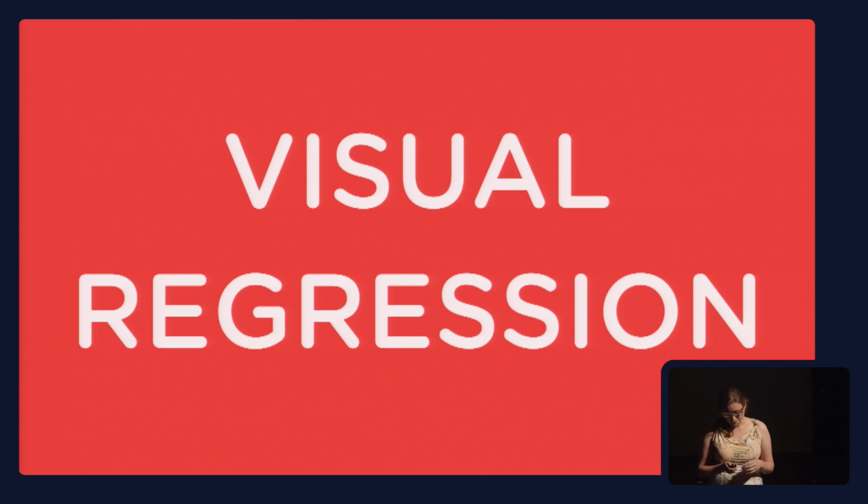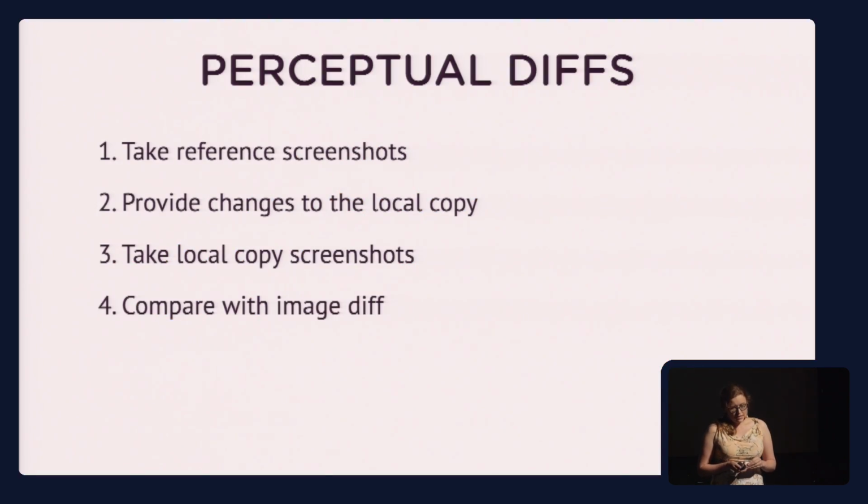And I will introduce it. So the idea is that you take a reference screenshot of your pages, for example, page by page, maybe from the production version of the website, and you store these pictures somewhere, maybe even in the repository. And once you provide changes to the local copy, you may take screenshots again of the same pages and then compare this new image to the iconic image, to this reference image you have.